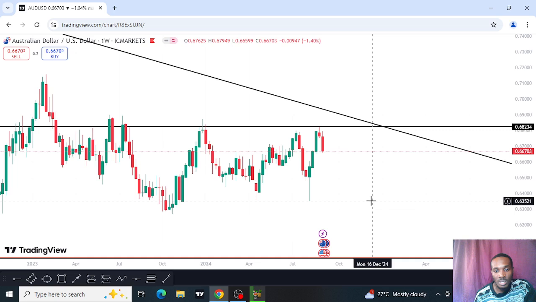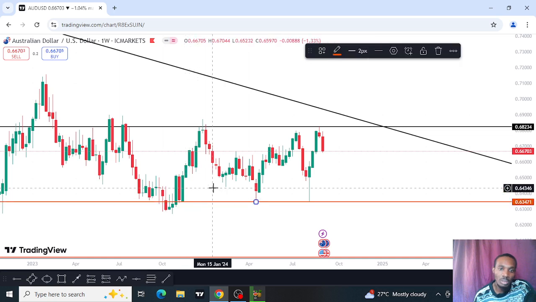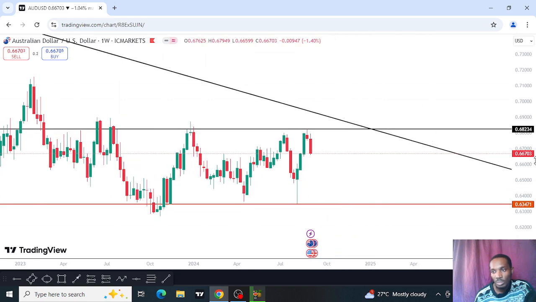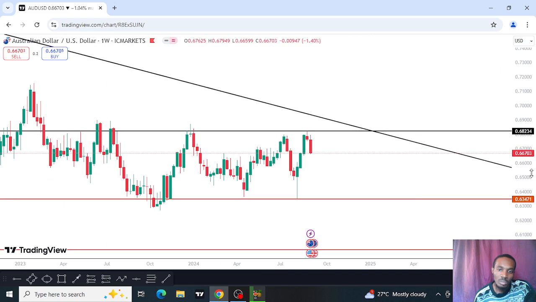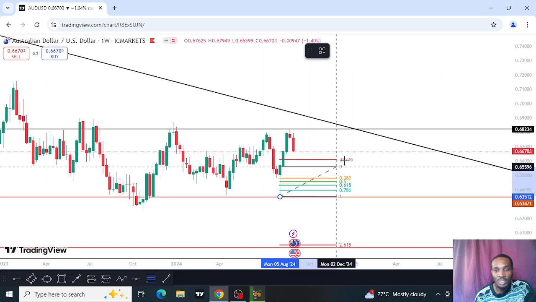AUD USD, we put support here. So if I want to short this pair, I'm trading it for some time now. So let me do something like this.